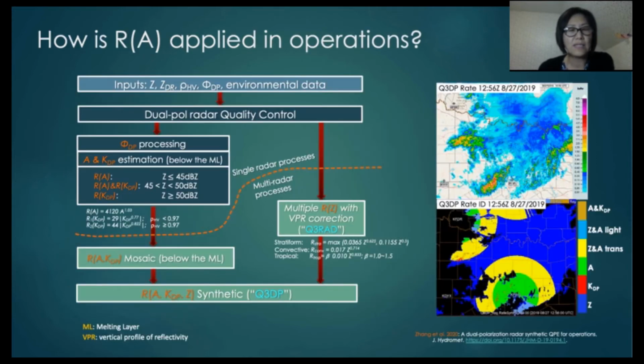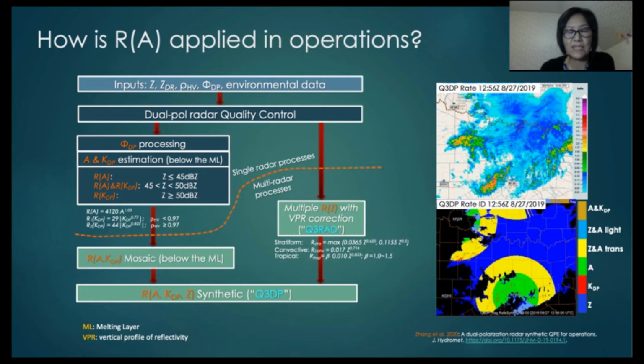Since RA is only applicable in the pure liquid phase, how is this applied in operations? Because we observe all phases of precipitation. This is a flow chart of how RA is merged into the operations. So below the melting layer, we calculate RA and RKDP. Then we mosaic this RA, RKDP to the CONUS, the continental US domain.